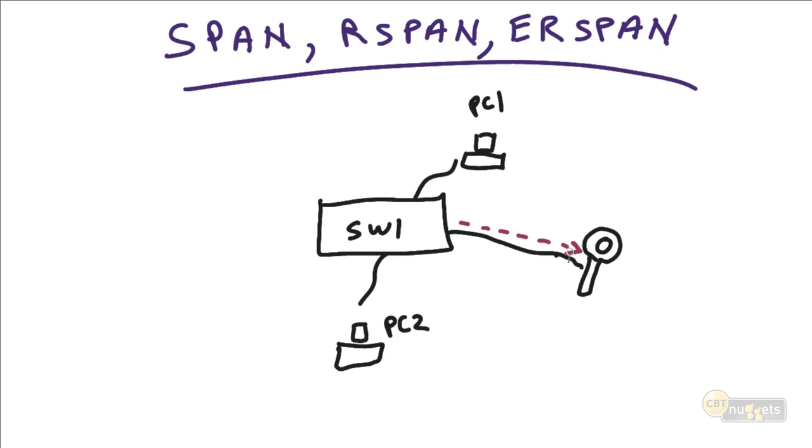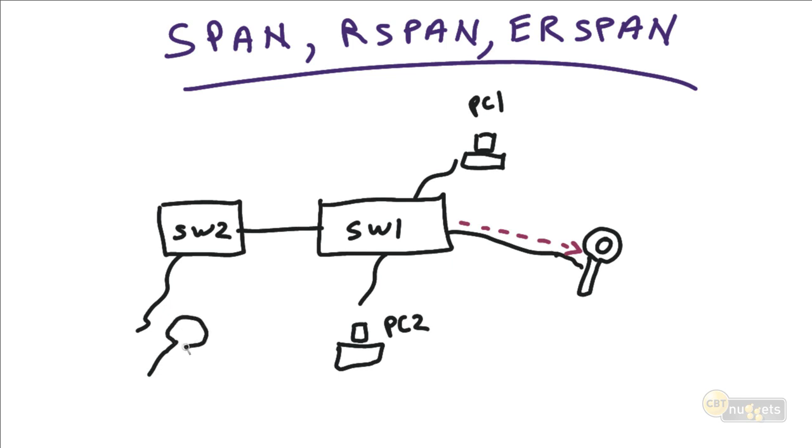What is RSPAN? RSPAN stands for remote SPAN. And as you might guess, we're going to be able to send that traffic over to the analyzer if it is plugged in on some remote system. So here's the analyzer now. We remove it from here.